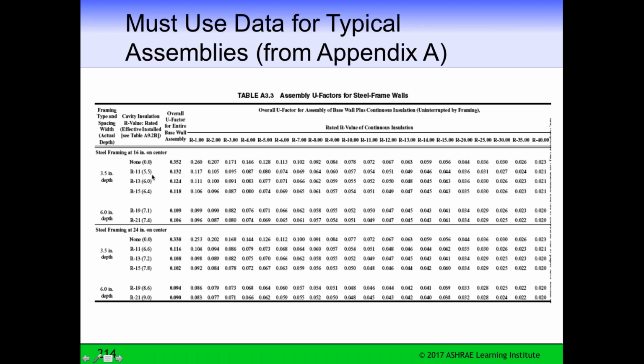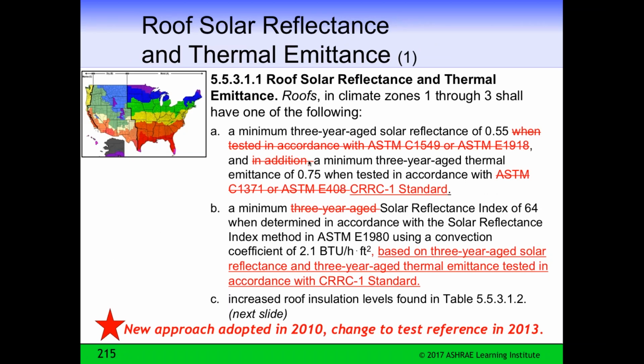So if you have 3.5 inch studs, R13 between the studs, and then you add R10 continuous insulation outside, your total effective U value is 0.055. Good information, and Appendix A is full of this type of data. So this is the basic approach for compliance with the opaque portions.